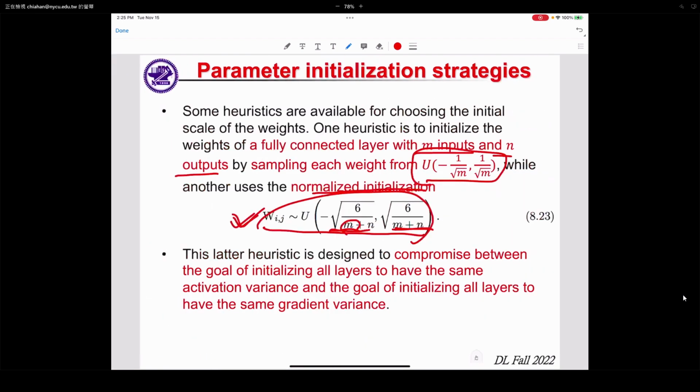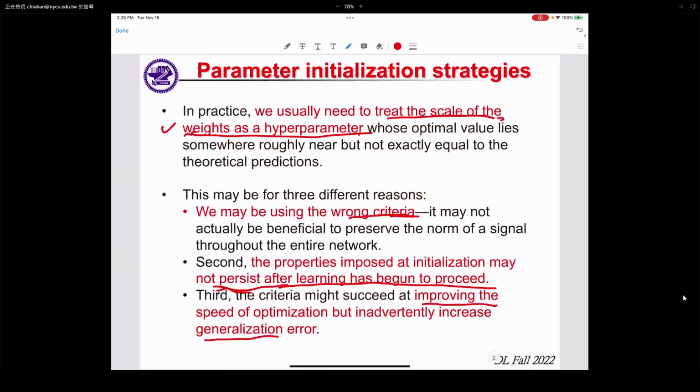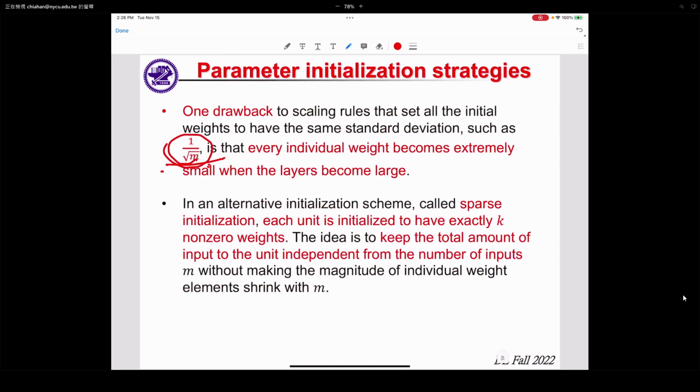You have m inputs. When m is large, that means this value is very small. What problem do we have when the values are small? Vanishing gradient. You almost have zero, or your units are not activated.